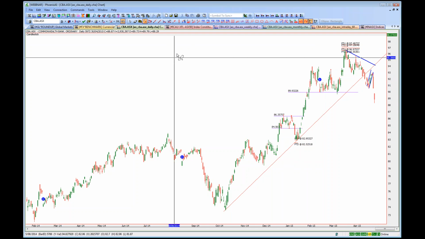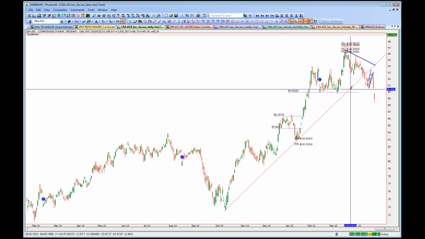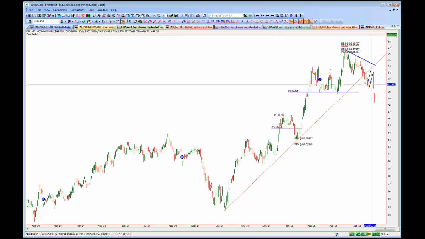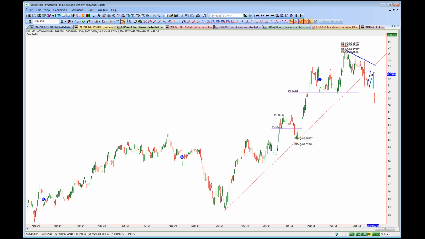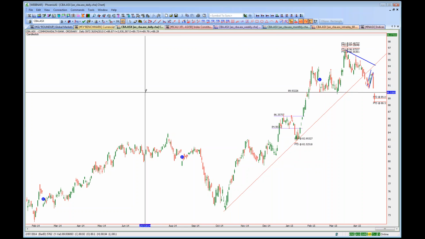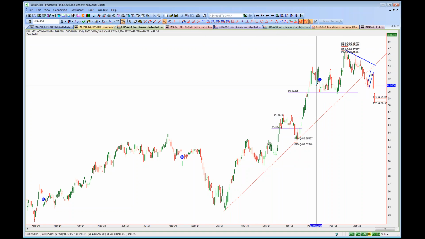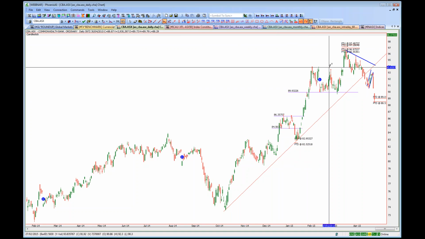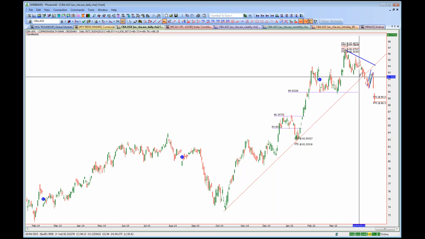Okay, bearish flag. I have to say it's not the cleanest, but it's not bad. Hit its target already. If we have a look, we've got here.